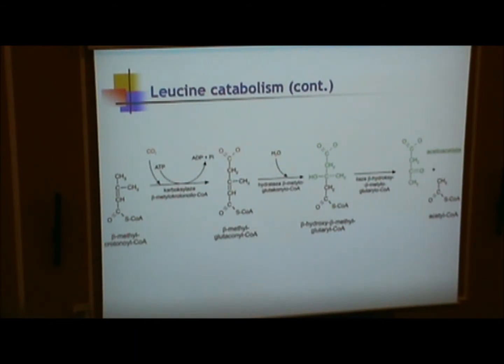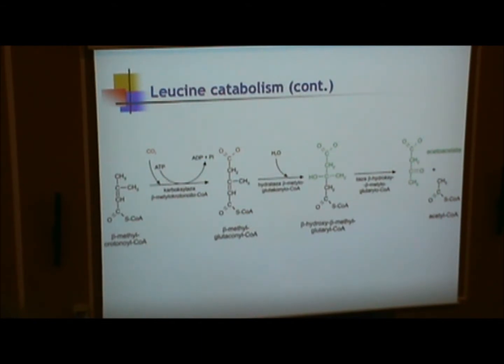Under the action of this enzyme, the molecule of this metabolite is cleaved at this place, releasing acetoacetate and acetyl coenzyme A.